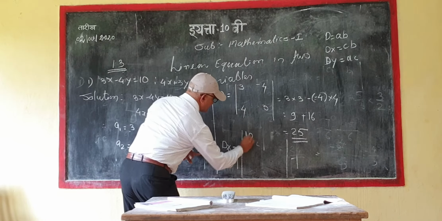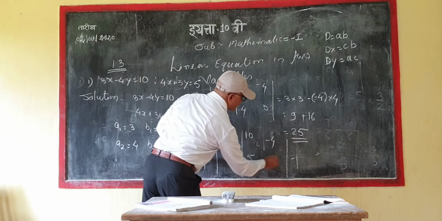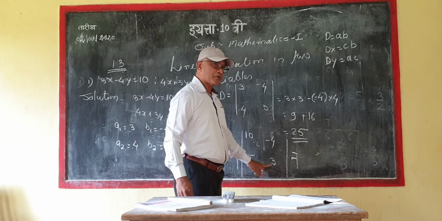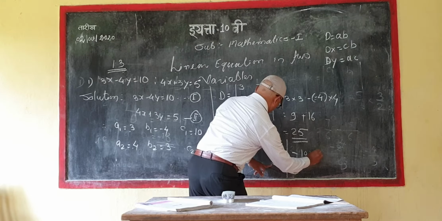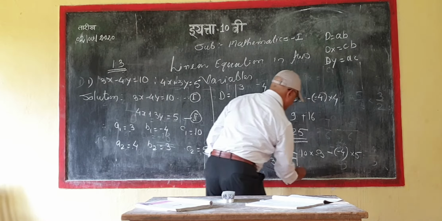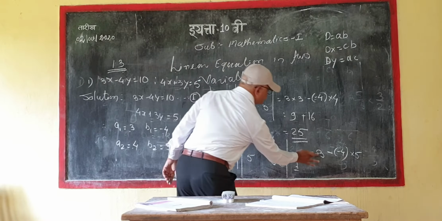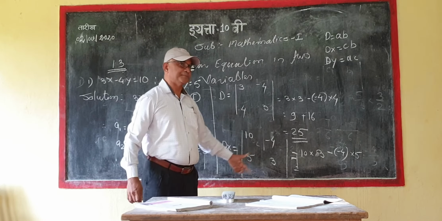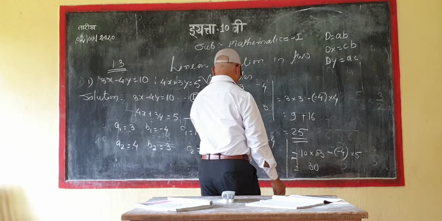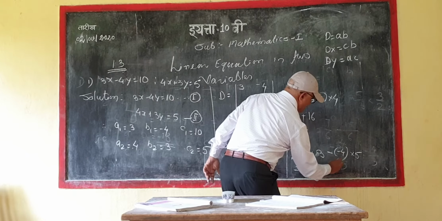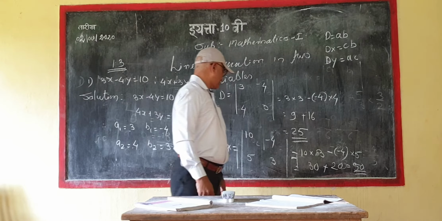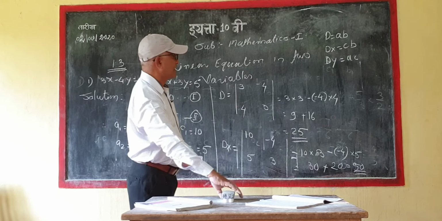So we get 10, 5, minus 4 and 3. 10 cross multiplication, 10 into 3 minus 4 into 5. 10 into 3, 30, and minus plus 5 4s are 20 is equal to 50. Value of dx is 50.